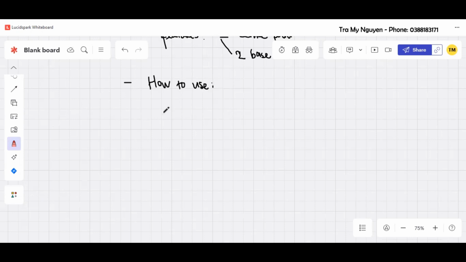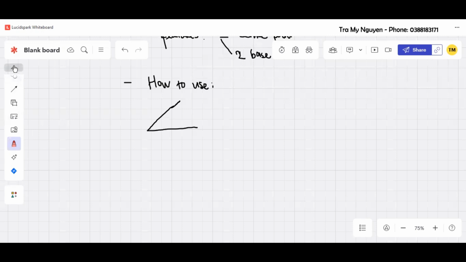Firstly, I will, of course, draw an angle here. We already know the name of this kind of angle, right? So how is this called? It is an acute angle, right? So how do we use the protractor to measure the degree, or the scale, of this angle?